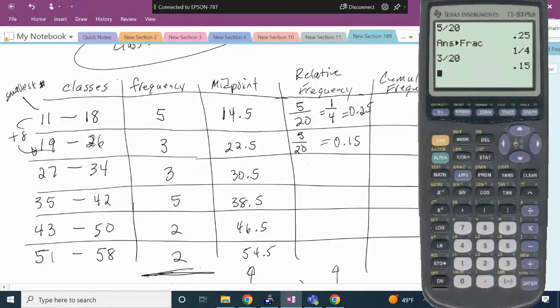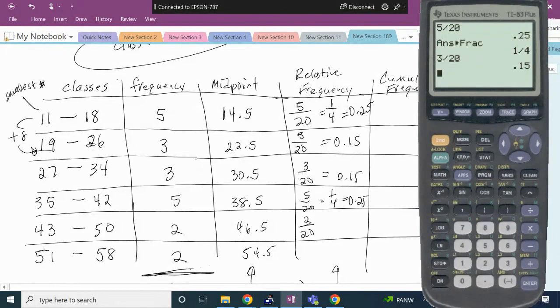The fourth class, its relative frequency is 5 over 20, which is the same thing as 1/4 or 0.25.